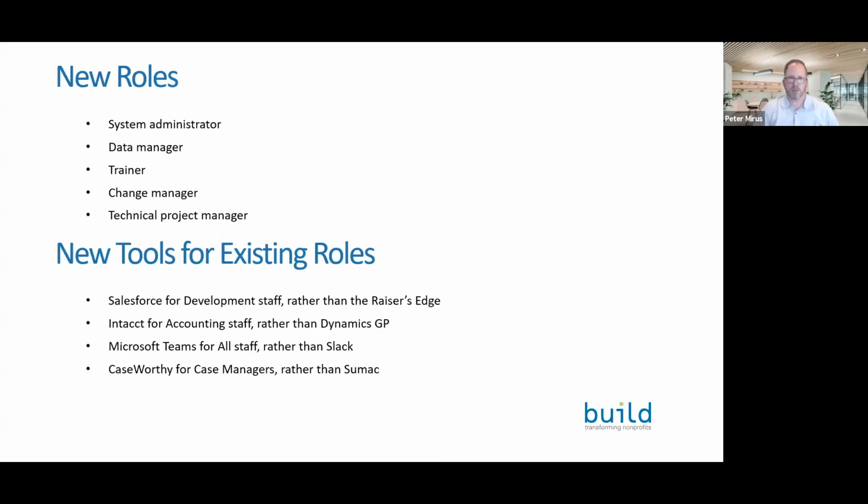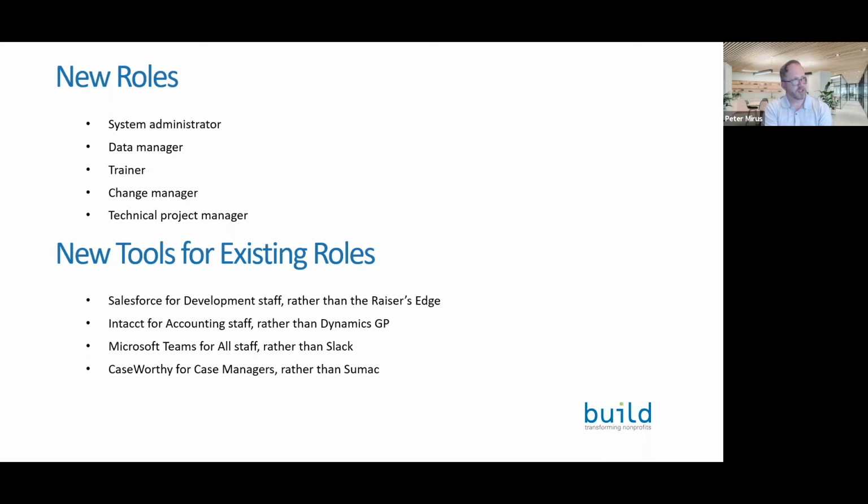And so you can see on this slide some of the new roles that might emerge in the course of implementing a new system. You might have a new systems administrator or somebody that's assuming system administration responsibilities. Same thing for data management. You could have someone that needs to become a trainer or some sort of advocate or sponsor of best practices.